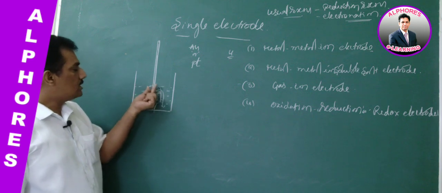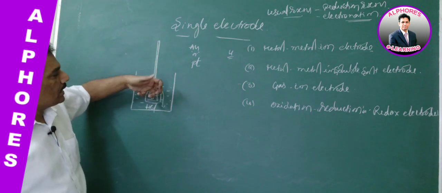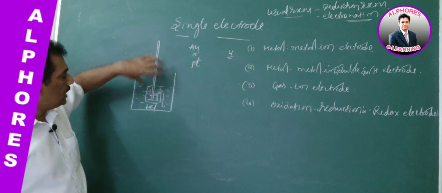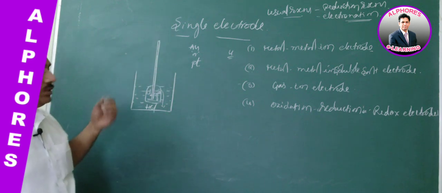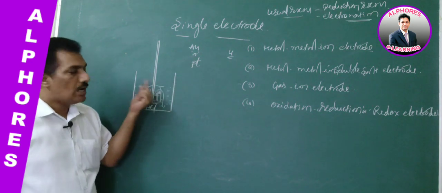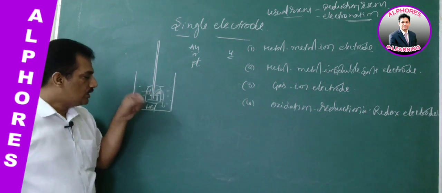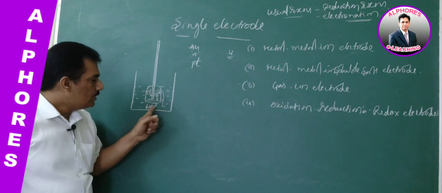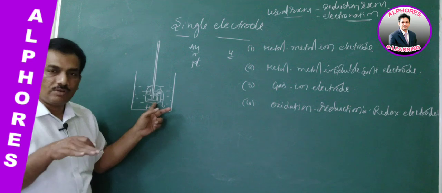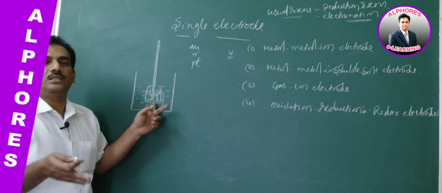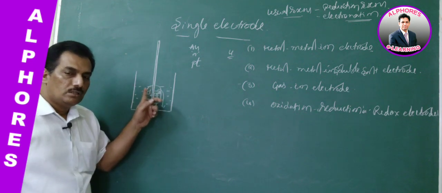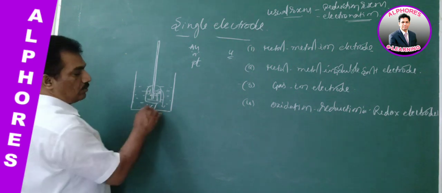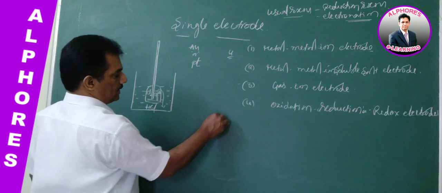Clear? So by taking an inert metal rod, at the bottom a glass hood will be arranged. In that glass hood the gas is filled, and that glass hood is dipped in an electrolyte having an ion with which the gas will be in reversible condition. Simply we can say it is nothing but the common ion in both gas and electrolyte. Clear? Here the best example is chlorine.